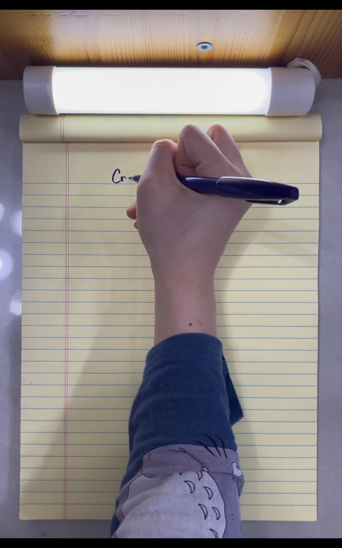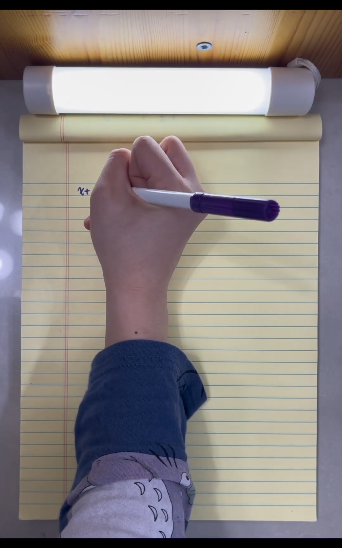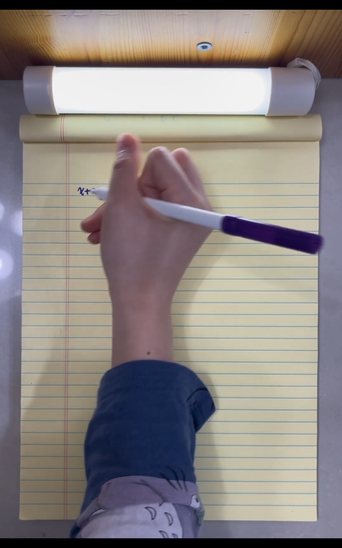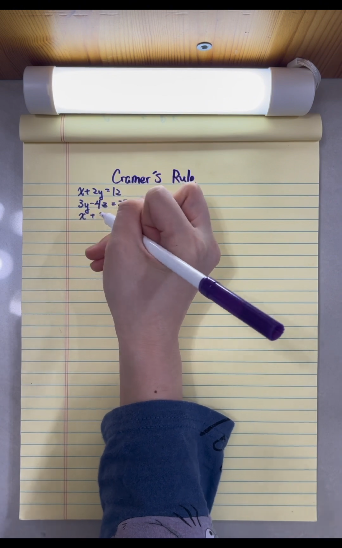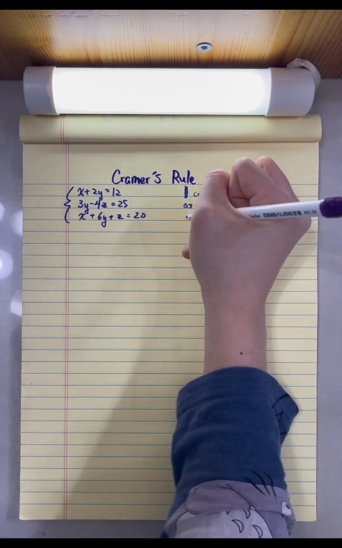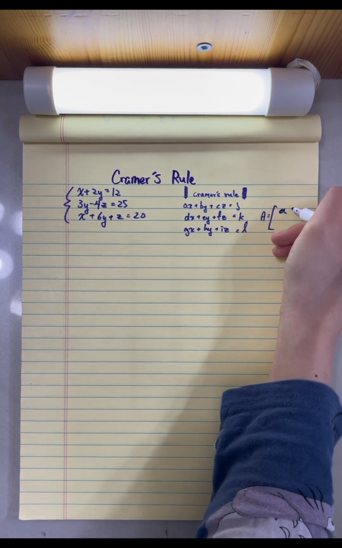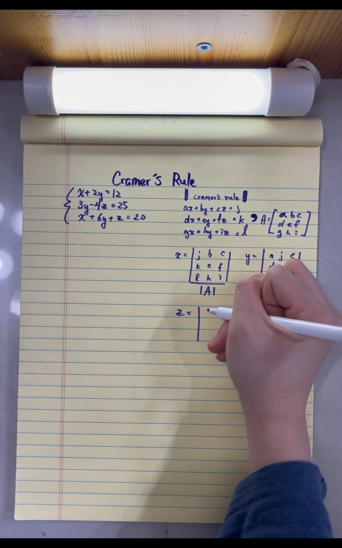Our next example will be done with Cramer's rule. Our next problem will be x plus 2y equals 12 and 3y minus negative 4z equals 25. Finally, x plus 6y plus z equals 20. To solve this with Cramer's rule, we'll just be putting the system of equations into the formula as shown in the top left corner.